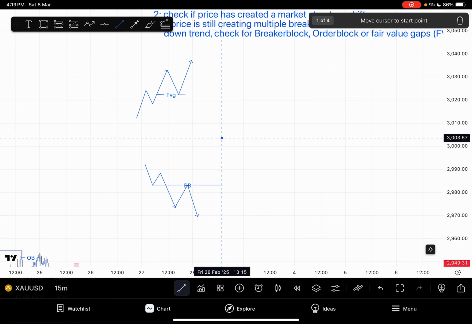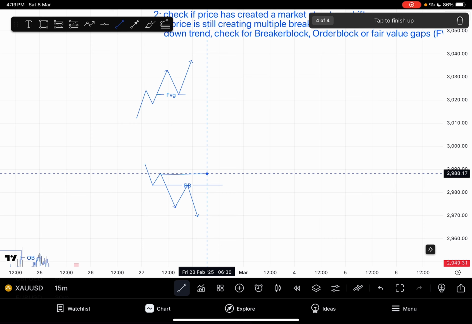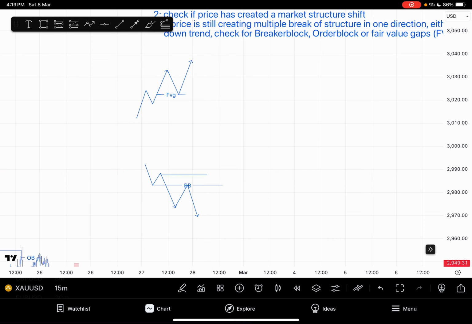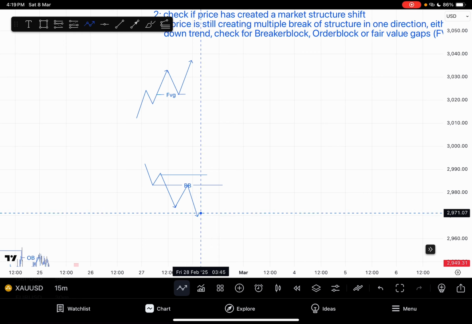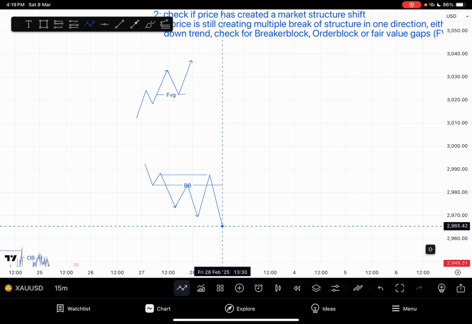Then in cases where there's an order block at this point for a downtrend, after price uses the breaker block, it will come back again for the order block before distributing again to the downside.